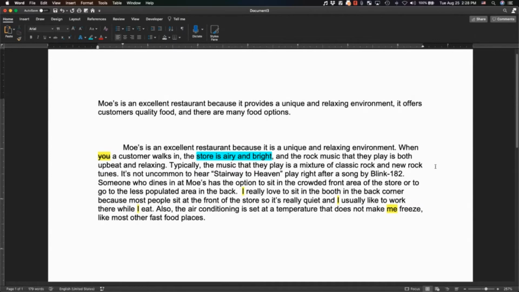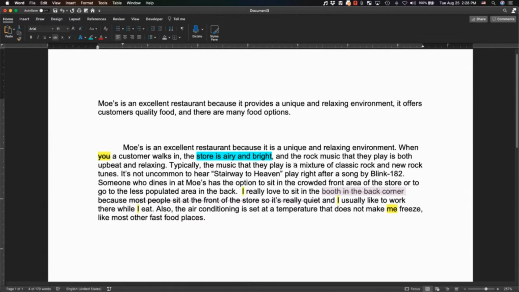Okay, so we've now taken this part about most people sitting at the front. Let's cross that out because we know we talked about it. And this notion that the back is quiet, so we can take that out. And this is also part of it, the back corner.